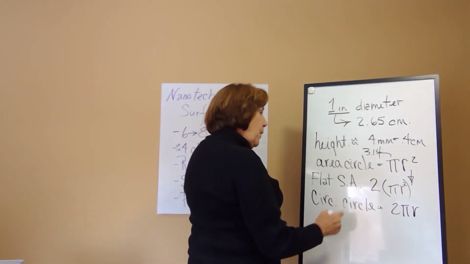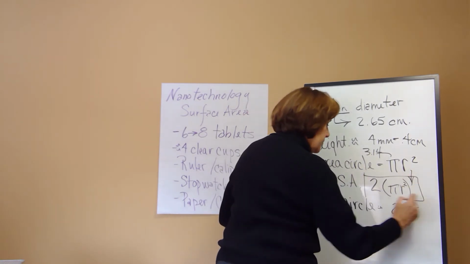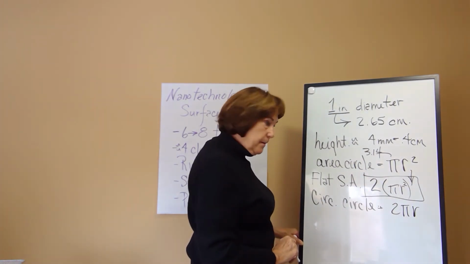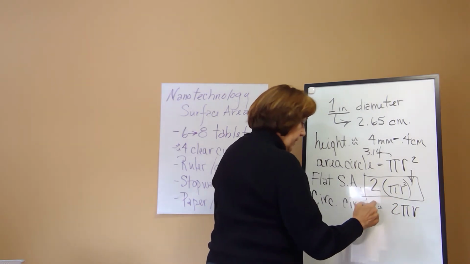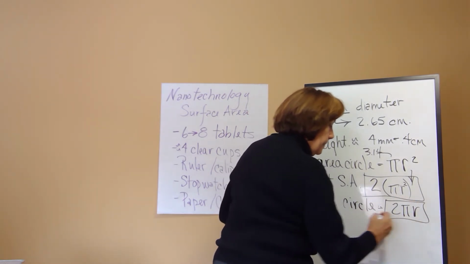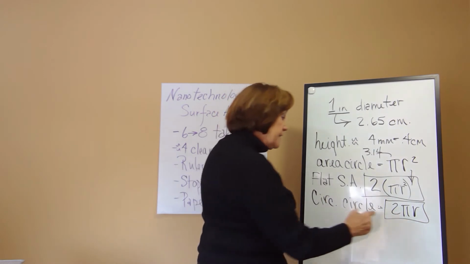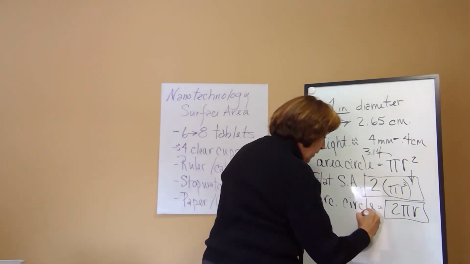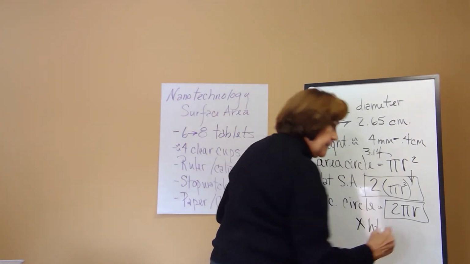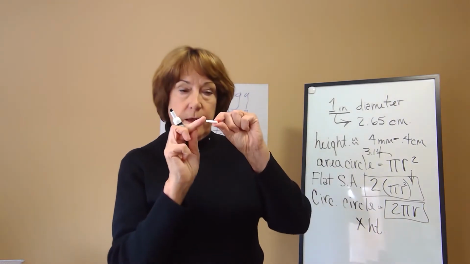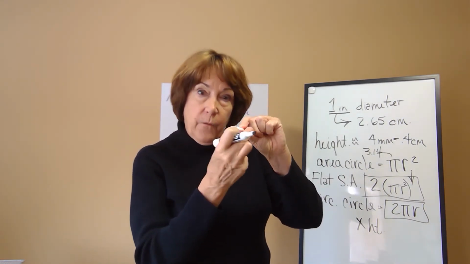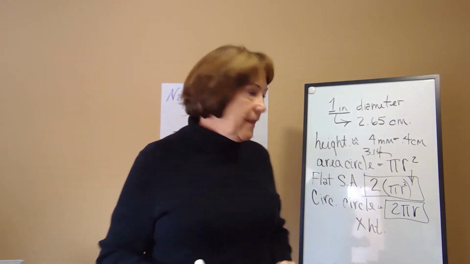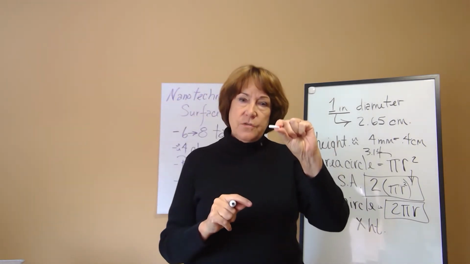We've got to multiply the circumference, 2 pi r, times the height in order to get the area of the edge of our tablet. So it's 2 pi r around, multiplied by the height, that's going to give us that surface area.